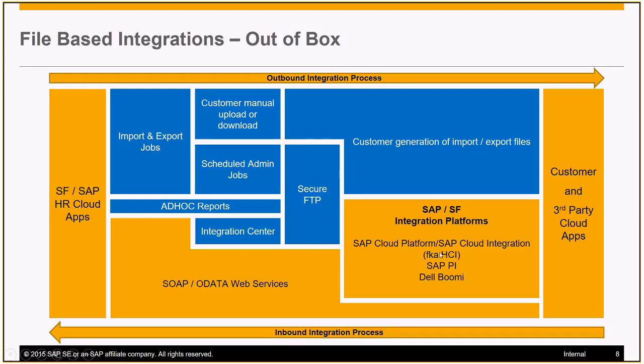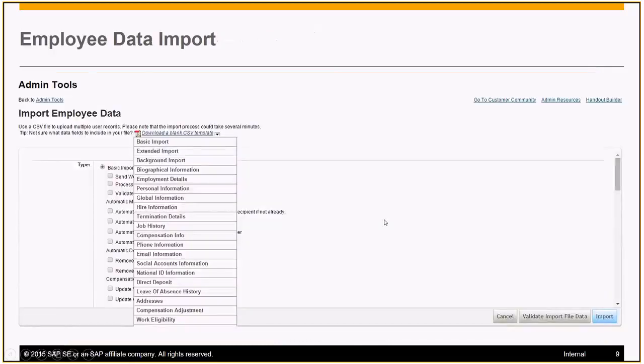But the stuff in the yellow, we'll discuss in one of the other slides. But point being that we have different integration platforms or middleware, if you want to call it. The new one, of course, comes from SAP.